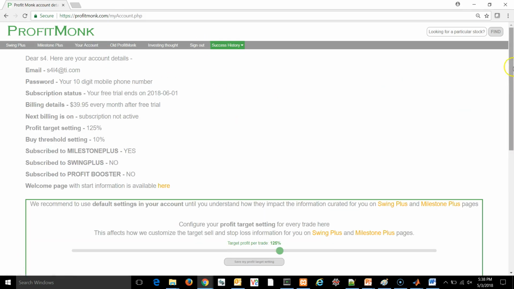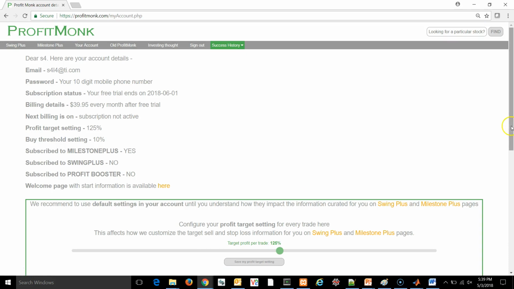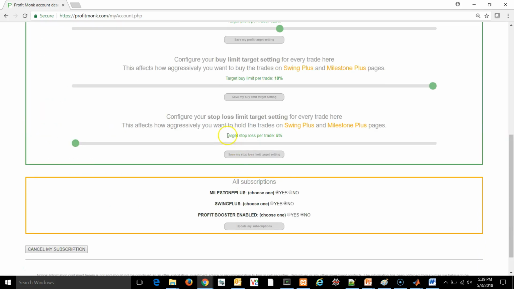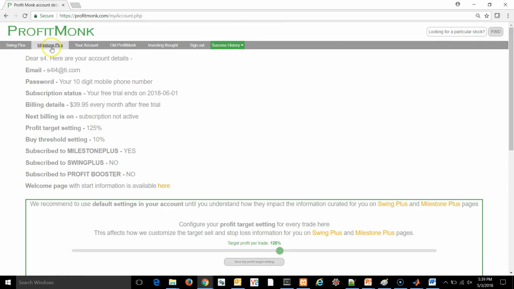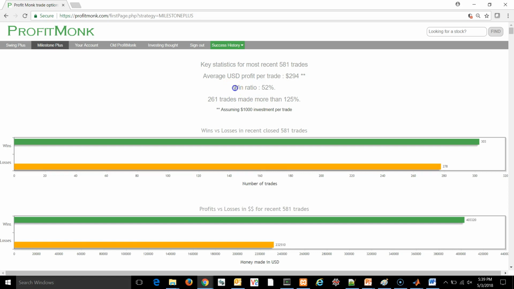Okay, so this is your statistics. Now let's see what happens if I change the stop loss from 35% to just 5%. I have changed the setting. Let's confirm that I've been able to change it. Yes, it is at 5%. Go back to Milestone Plus. The win ratio improved from 43 to 52%, which means more trades are making the target profits.